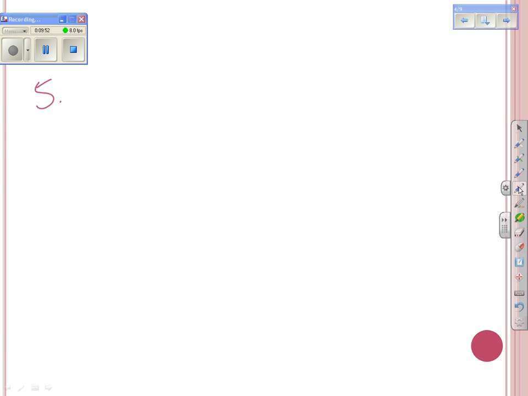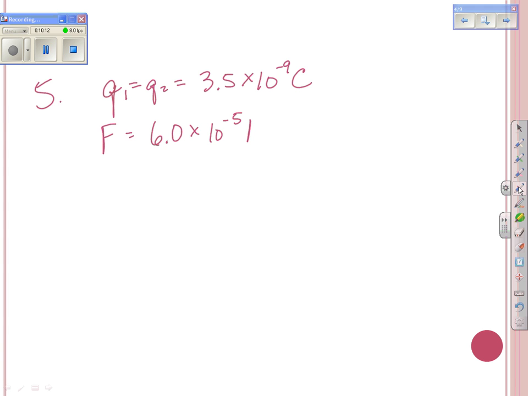Each ball is going to acquire a positive charge, so that's Q1 and Q2. They are both going to be 3.5 times 10 to the negative ninth coulombs. I know that there's a force acting on them of 6.0 times 10 to the negative fifth newtons, and I want to know how far apart they are.